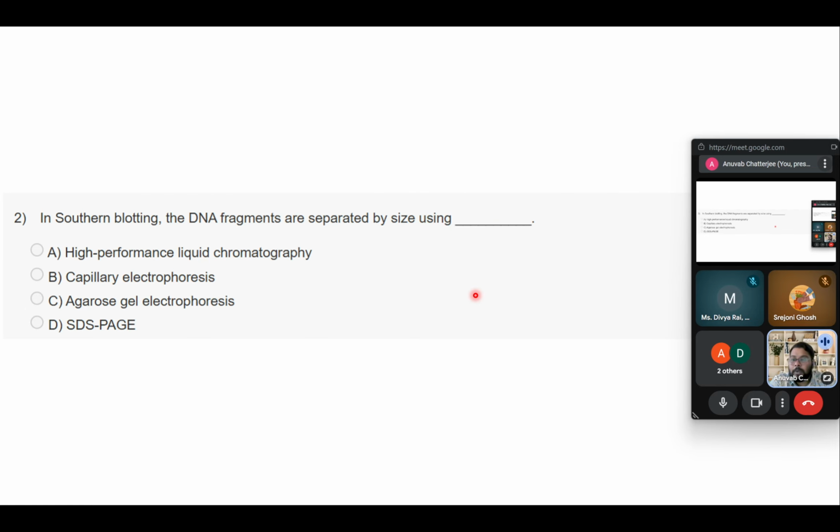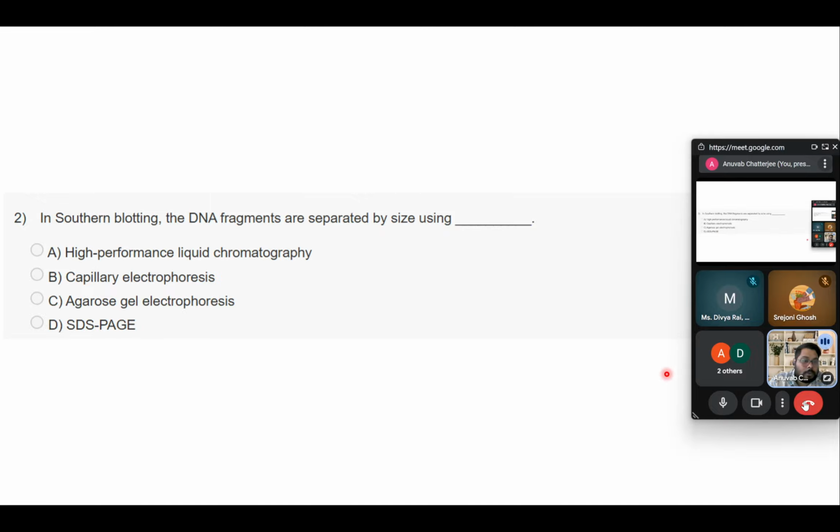Okay, moving on. In southern blotting, the DNA fragments are separated by using blank, high performance liquid chromatography, capillary electrophoresis, agarose gel electrophoresis, and SDS page.